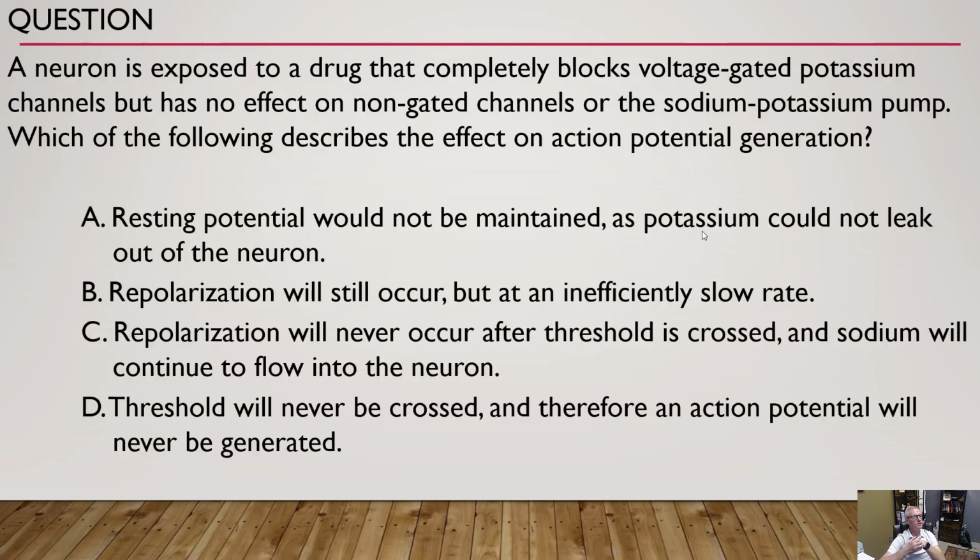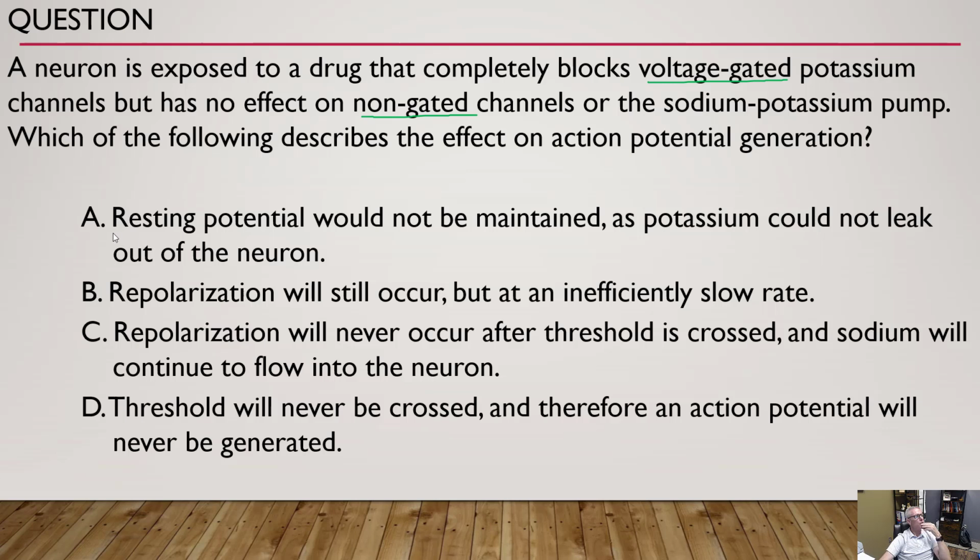All right, so that would be your answer. A neuron is exposed to a drug that completely blocks voltage-gated potassium channels, but has no effect on non-gated channels or the sodium-potassium pump. Which of the following describes the effect on action potential generation? Non-gated channels are your leak channels and your ligand-gated channels.